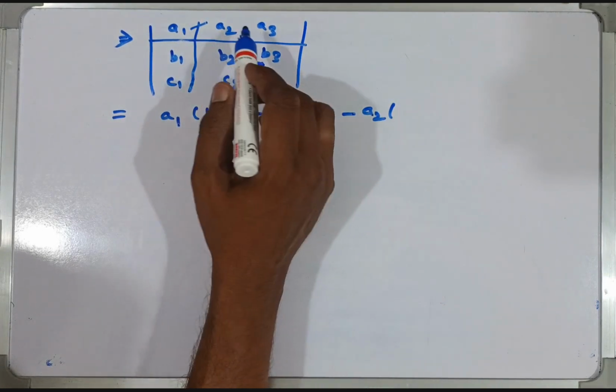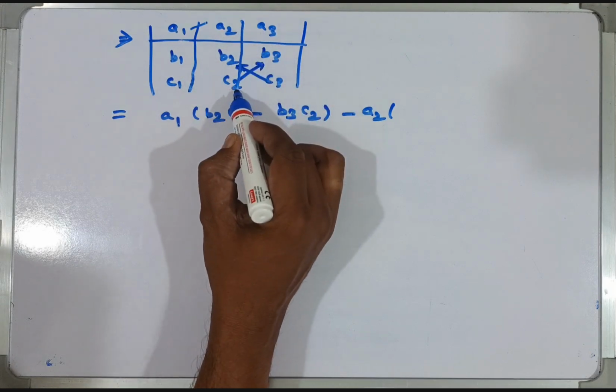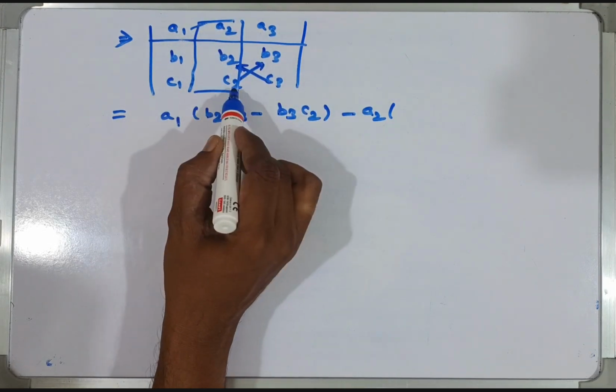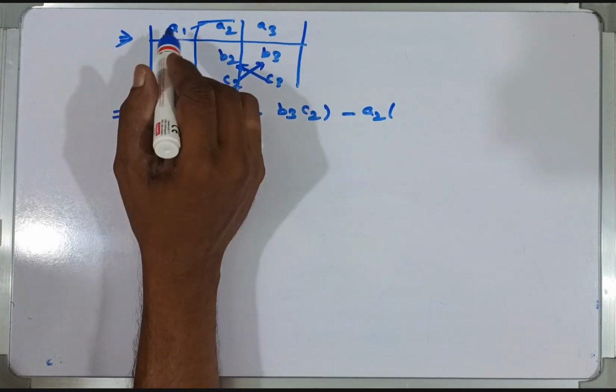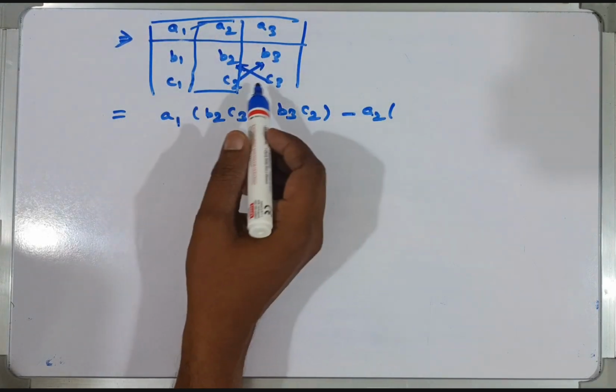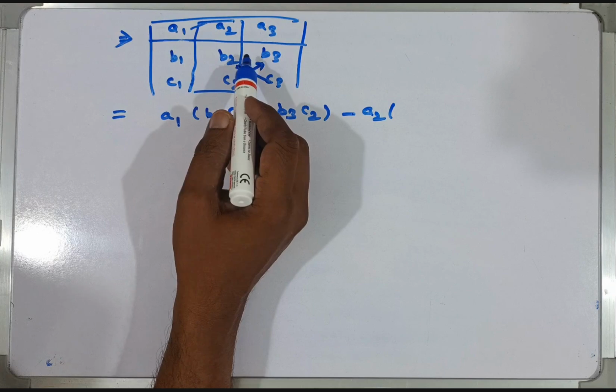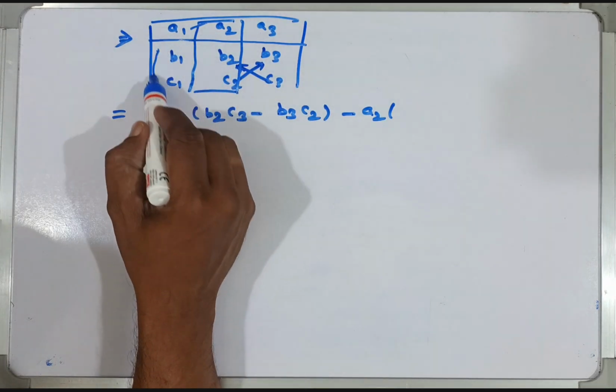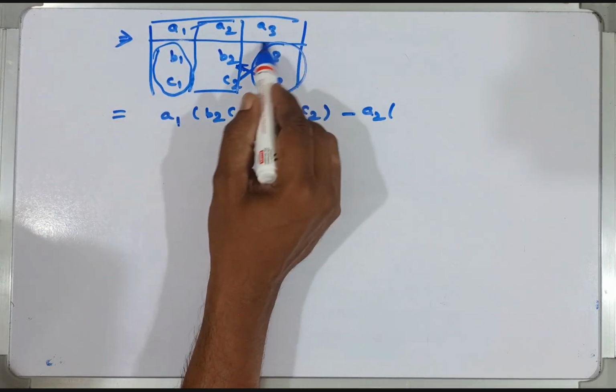Okay, for a2 here, if we see this one a2, so we left this one and this one. So what's left guys? For a2 we only find this one and this one.